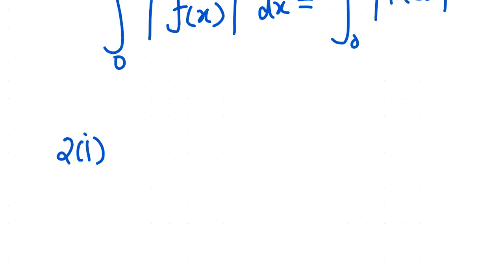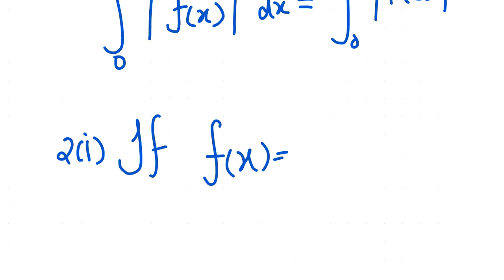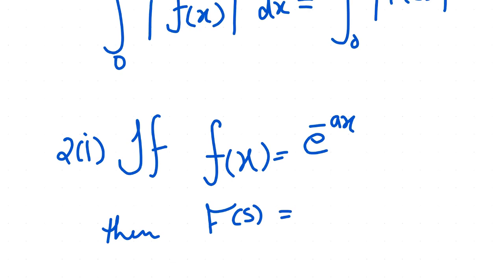and if f(x) is equal to e to the power minus ax, then its Fourier transformation for cos is equal to square root of 2 by pi into a over a square plus s square.